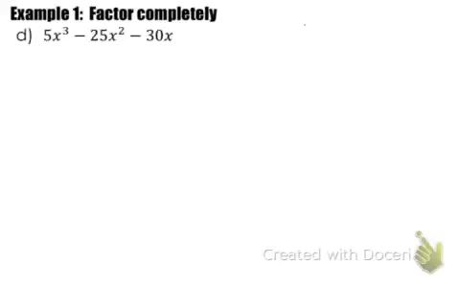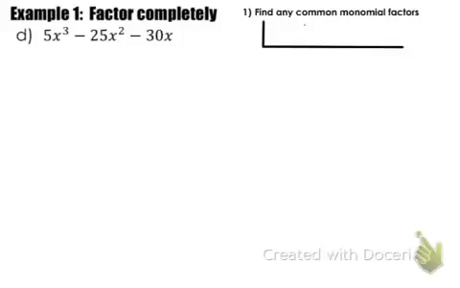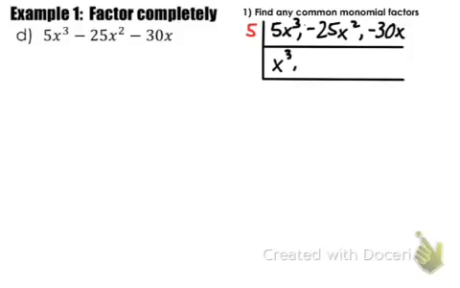Alright, so in this next example, we're given three terms. And step one, we always check for the greatest common monomial factor, or the greatest common factor. We're going to write all three terms into our little box here, and then pull out one factor at a time that's in common with all three terms. So I'm going to first factor out a 5, leaving us with an x cubed minus 5x squared minus 6.